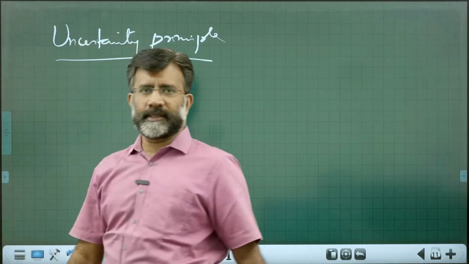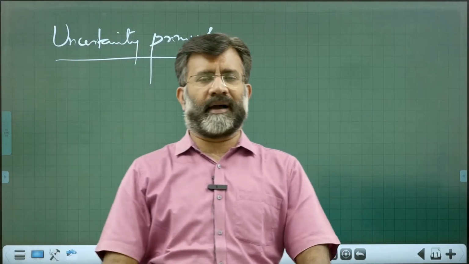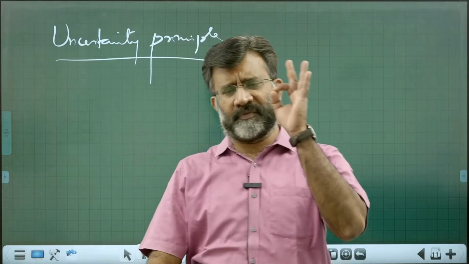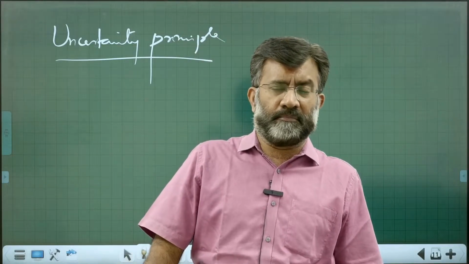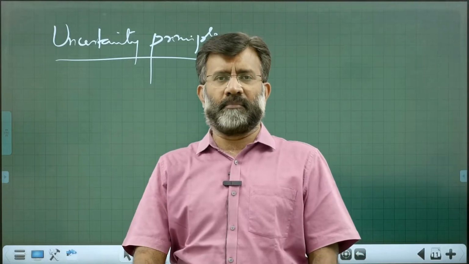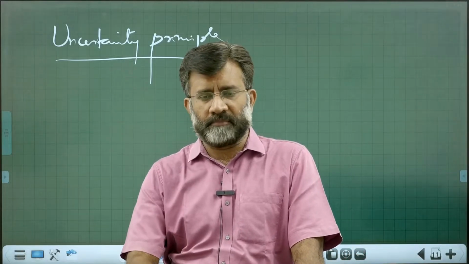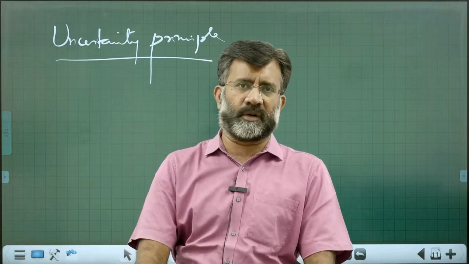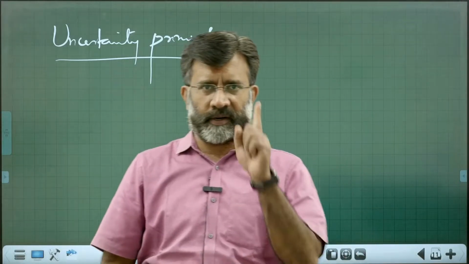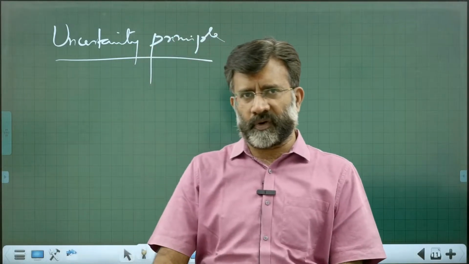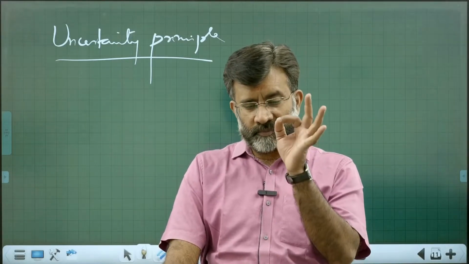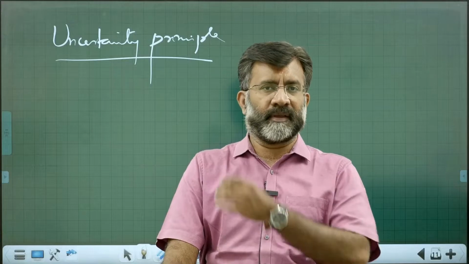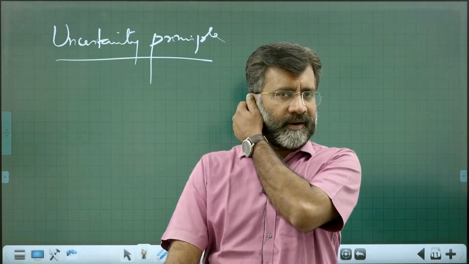Heisenberg uncertainty principle. Very, very important, leading to quantum mechanical aspects of the modern atom model. Quantum mechanics is highly contributed to by two personalities. One is Erwin Schrödinger, father of quantum mechanical aspects. And then one of the most famous personalities, Werner Heisenberg.